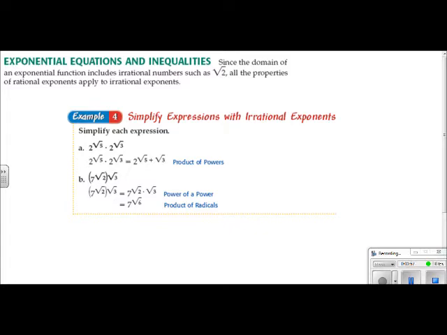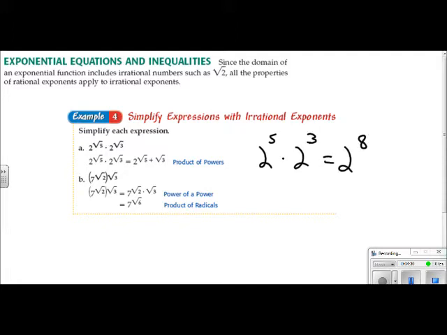Since the domain of any exponential function includes irrational numbers such as the square root of 2, all the properties of rational exponents apply to the irrational exponents. So if we have some expressions here like 2 to the square root of 5 and 2 to the square root of 3, multiplying those together, well, again, remember, if we had 2 to the 5 times 2 to the 3, all we do is add those up and get 2 to the 8.